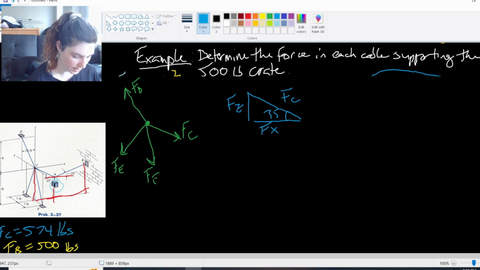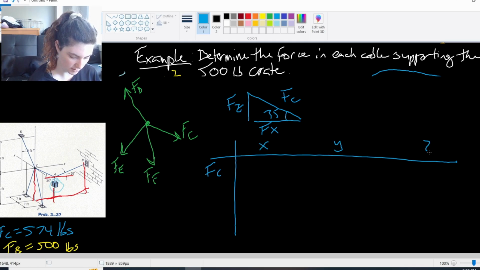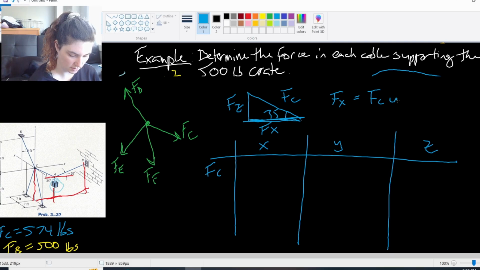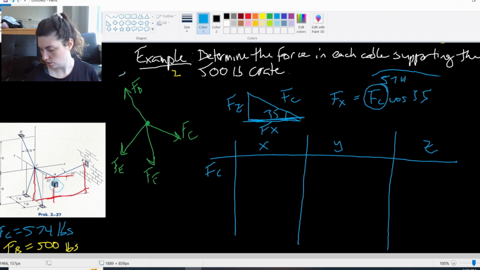So if I put this in my table, FC X, Y, Z components, my X component is FC times cosine 35. And I'm going to plug in this 574 for FC so that I can find the actual value here.